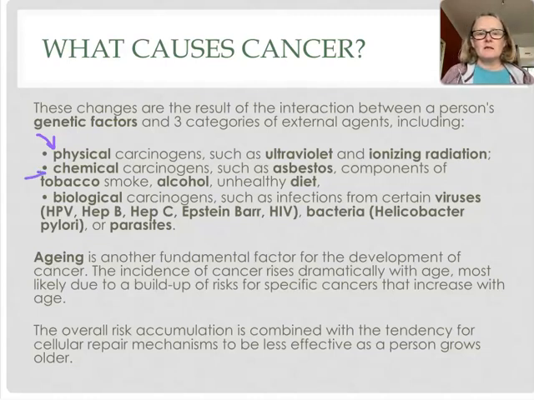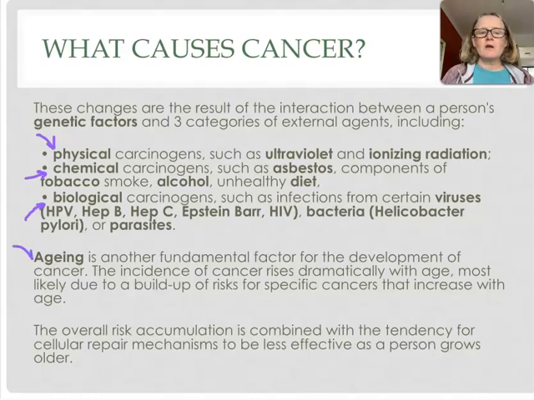Chemical factors like asbestos, which is what mesothelioma results from, a cancer resulting from asbestos exposure. Tobacco smoke, so benzene in tobacco smoke, for example. Alcohol, unhealthy diet. And then there are also biological things, viruses like HPV, hepatitis B, hepatitis C, Epstein-Barr virus, HIV, bacteria like Helicobacter pylori and other parasites. They can all trigger cancerous changes.